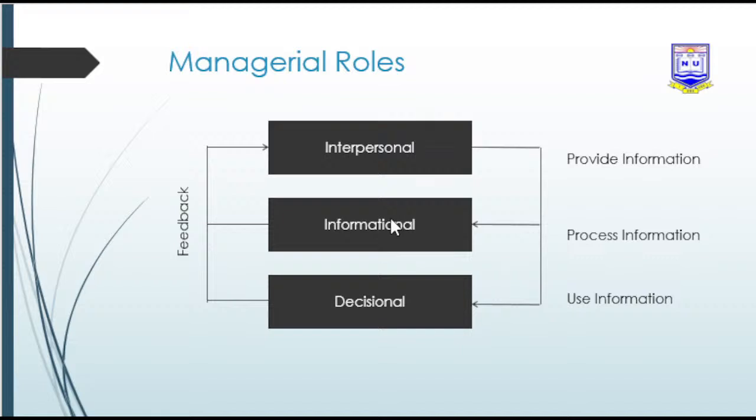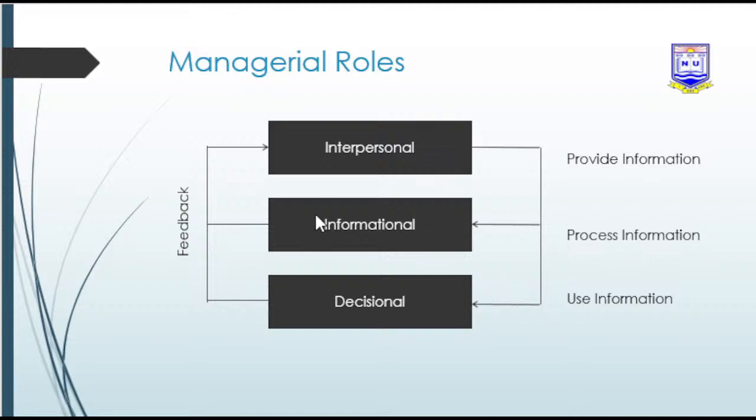Otherwise, it is possible that you're going to lose control of that information that is processed, and your information is going to leak to some other company. To be able to control that, you need always to control the information. You need to process that information, and once you have processed it, you need to be able to give that information back to the people you're leading. Sometimes this information is processed within an organization, and other times this information can flow from other sources.